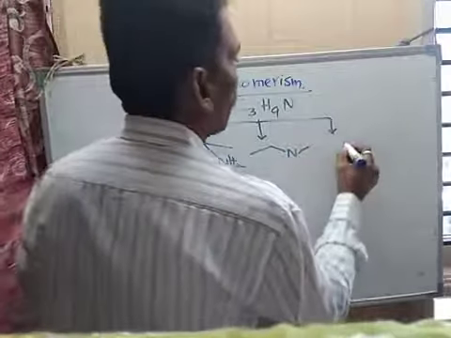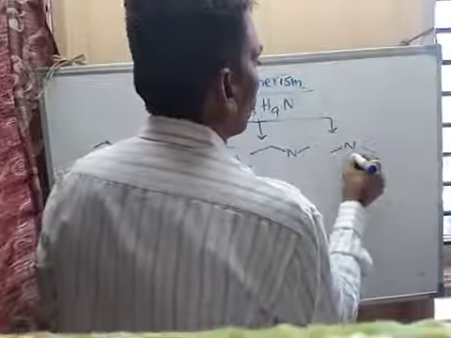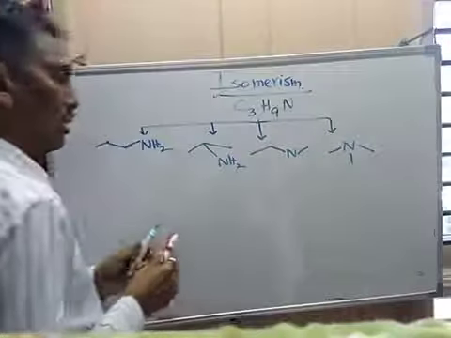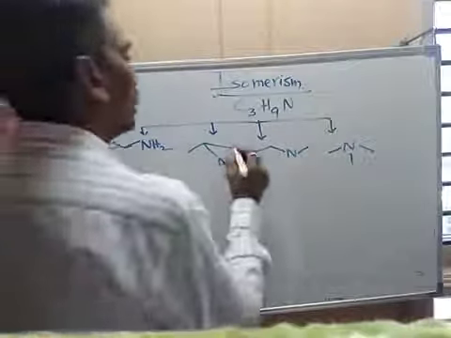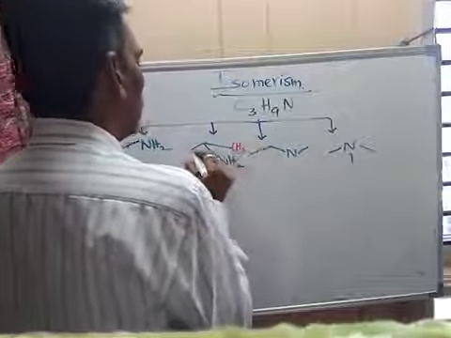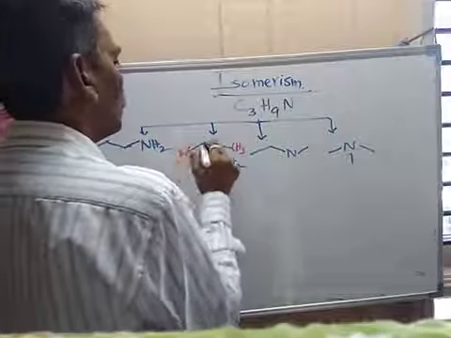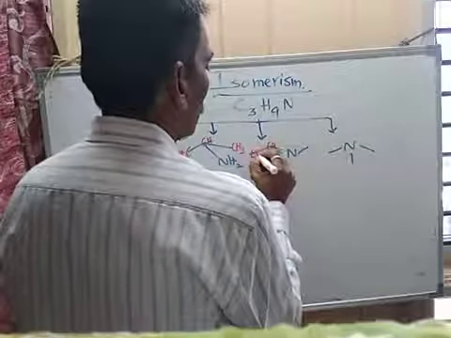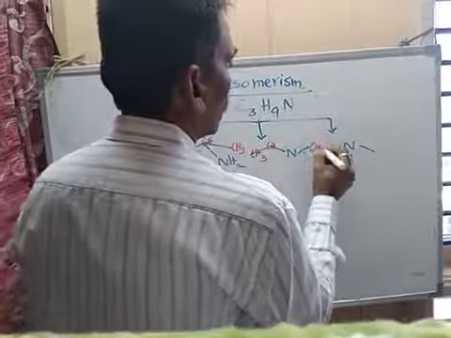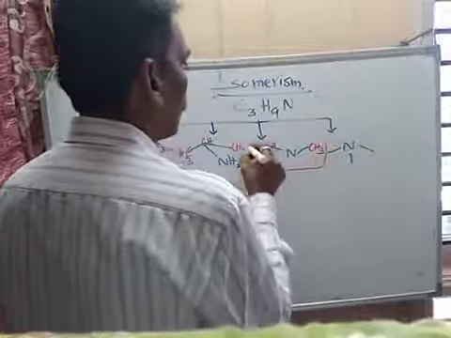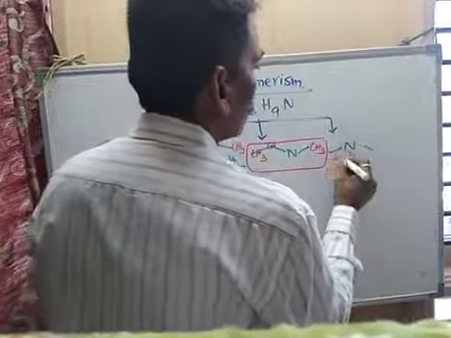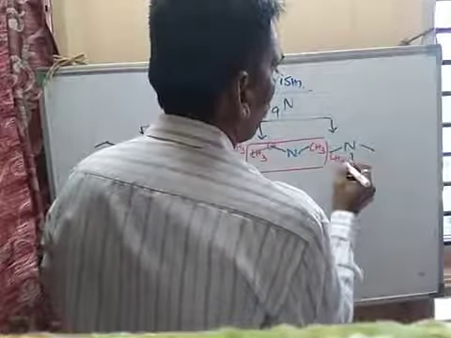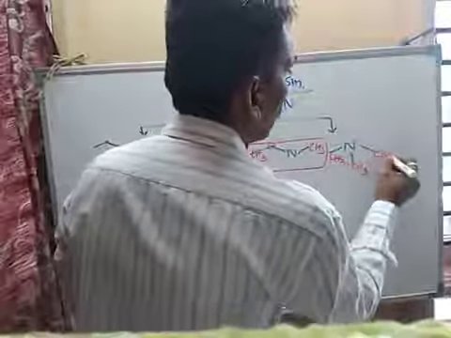This is one and this is another one. After leaving, what is your observation? This is CH3, this is CH3, this is CH, CH3, this is CH3, CH3, and CH3.